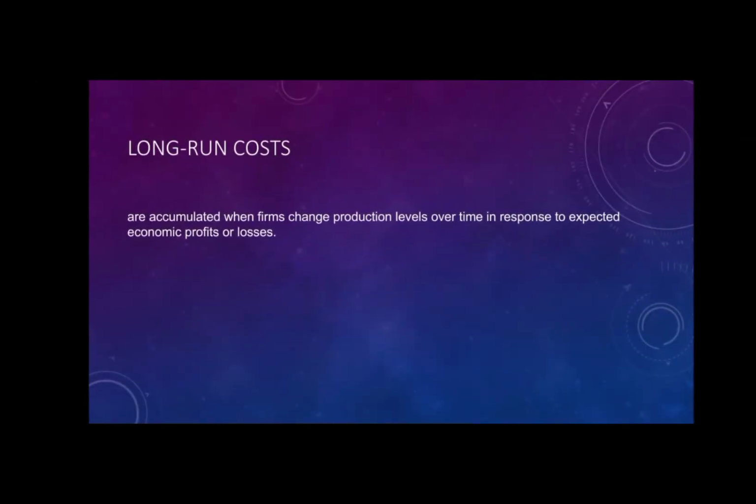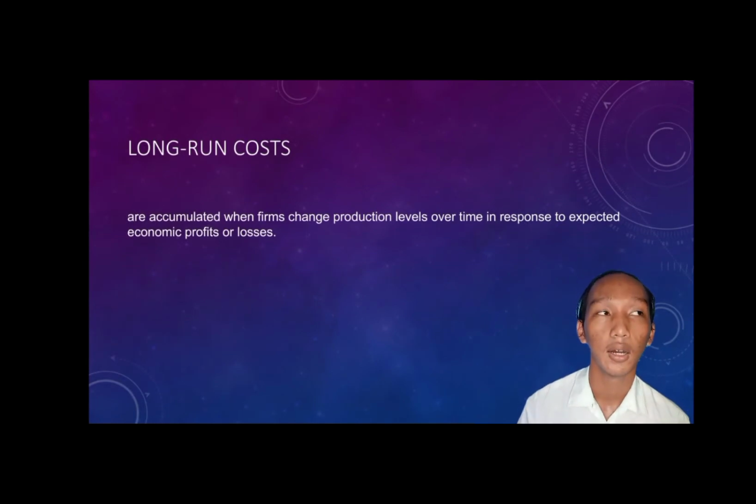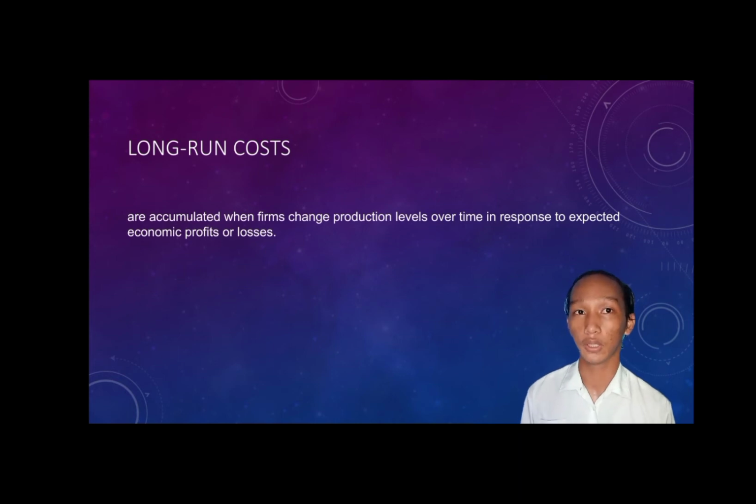Long-run costs are accumulated when firms change production level over time in response to expected economic profit or long-run cost. Long-run cost is cost siya nga nag-involve og taas nga term sa pag-process sa mga goods, which is liable ang company to pay a certain amount of money to fix the cost over the long period.